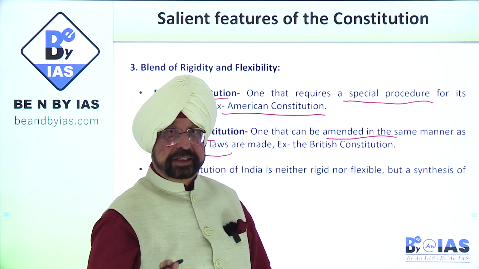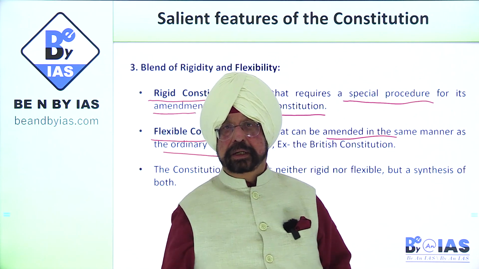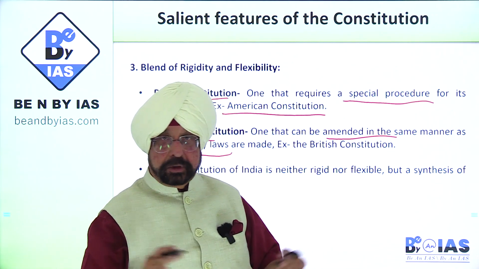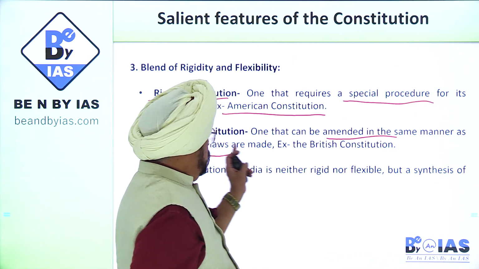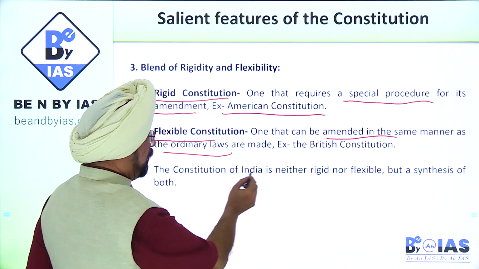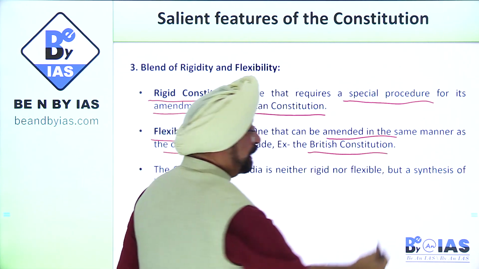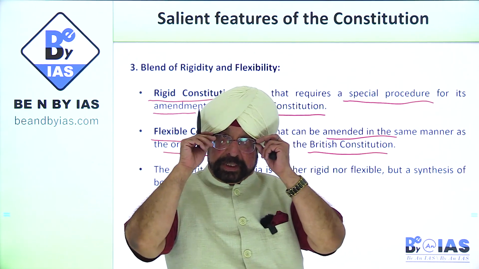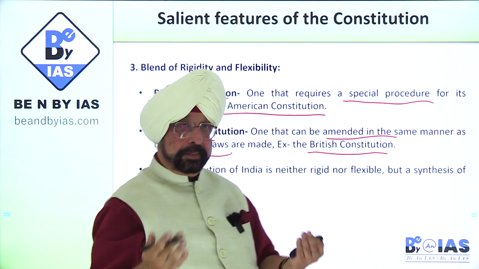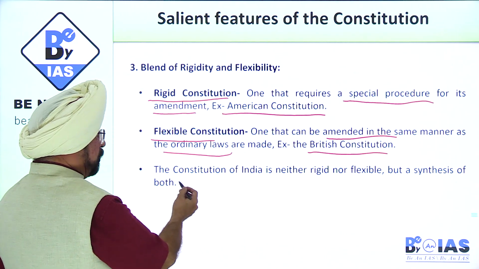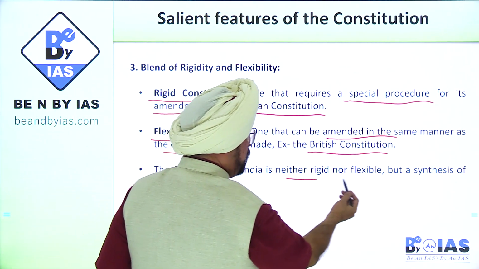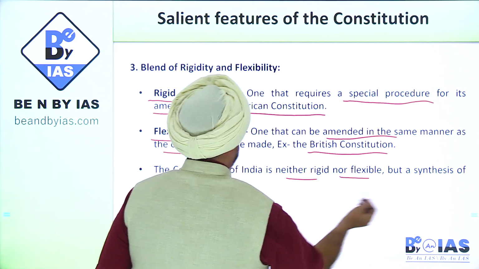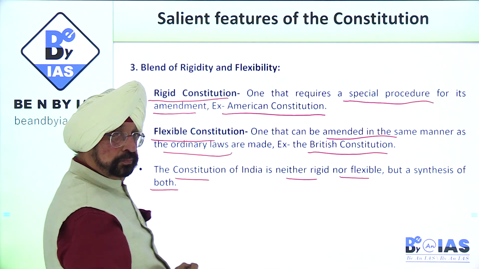It's not as easy as making an ordinary law. So why the British constitution? Because it is unwritten, so it is flexible. It can be easily amended. So our constitution is neither rigid nor flexible, but a synthesis of both.